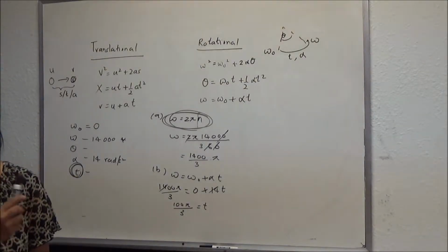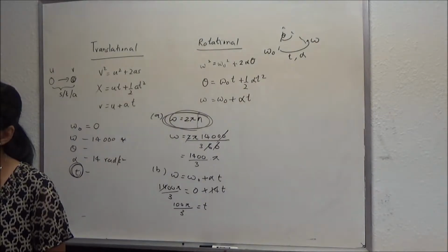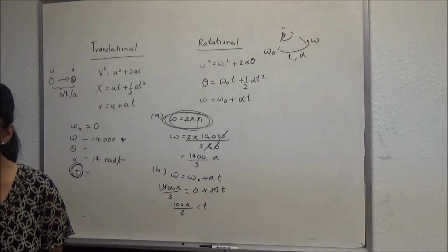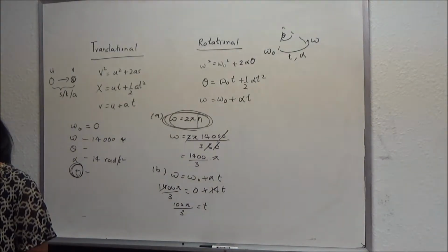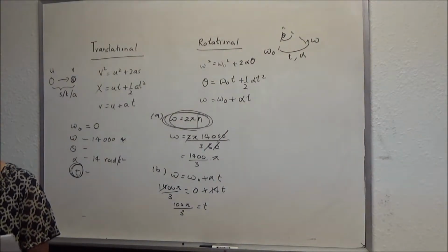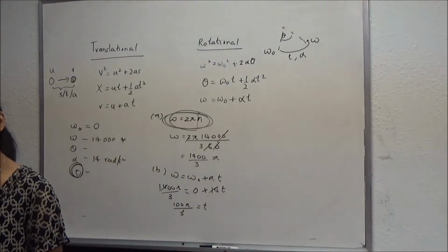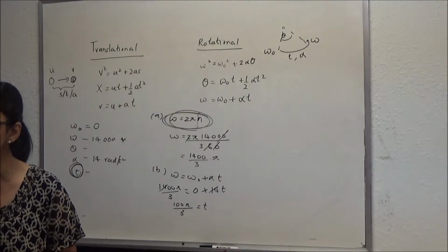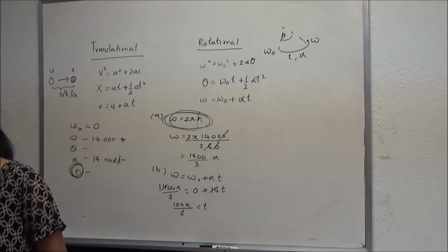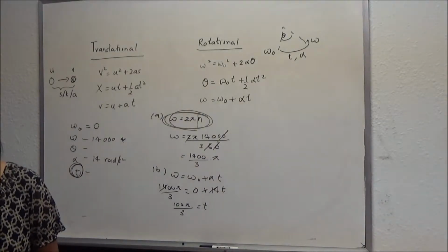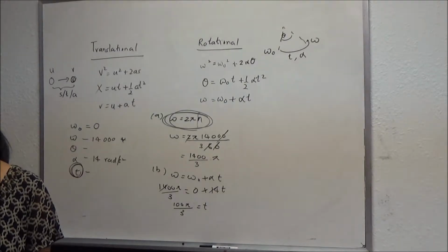First of all, think what to do. They are asking the number of revolutions. So if you know the total distance and divide it by the circumference of one rotation, you get the number of rotations, don't you?